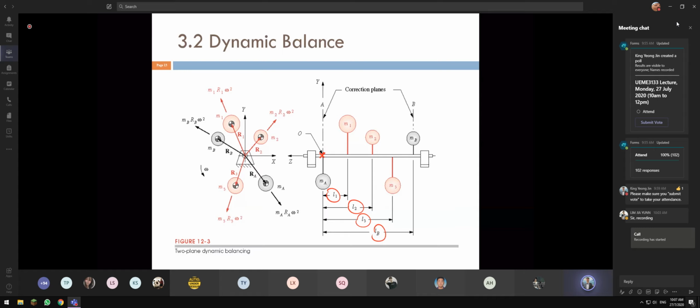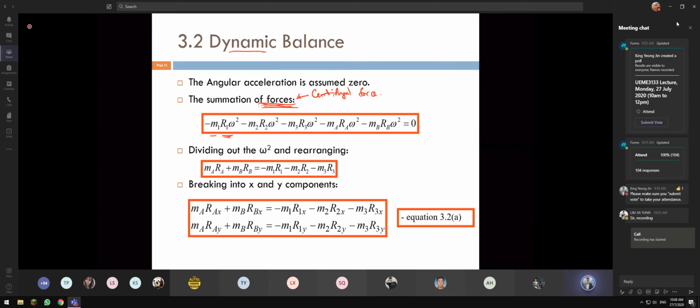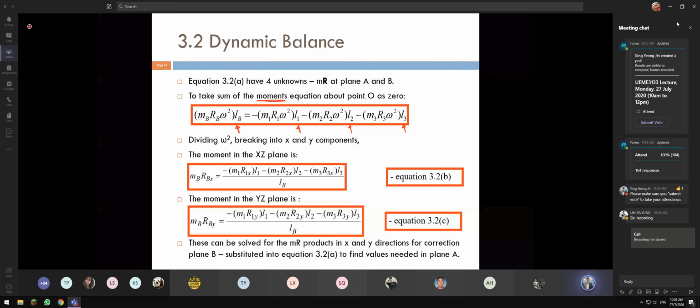Normally we choose one of the unknowns. For example, this mA, the centrifugal force here, is unknown. So we choose here. When we solve the moment equations, this one will not appear in our equation. Then we can straight away solve for mB rB. So if you look at here, it chooses the point O. So the force from mass A will not appear in the equation.